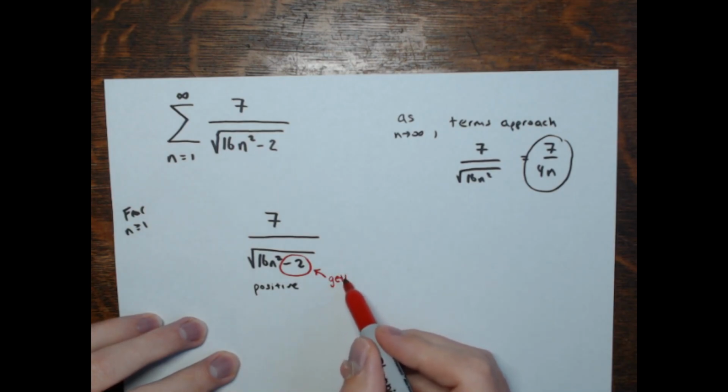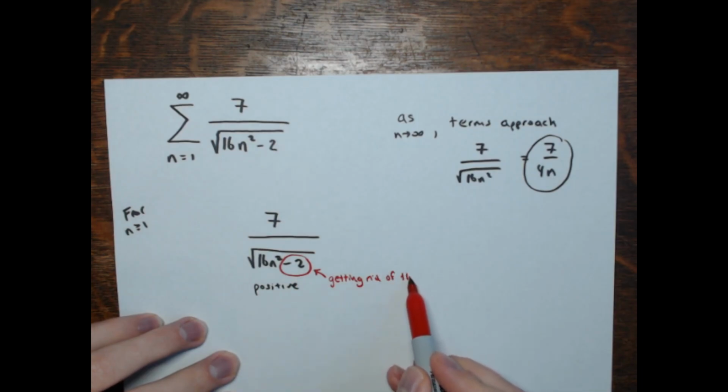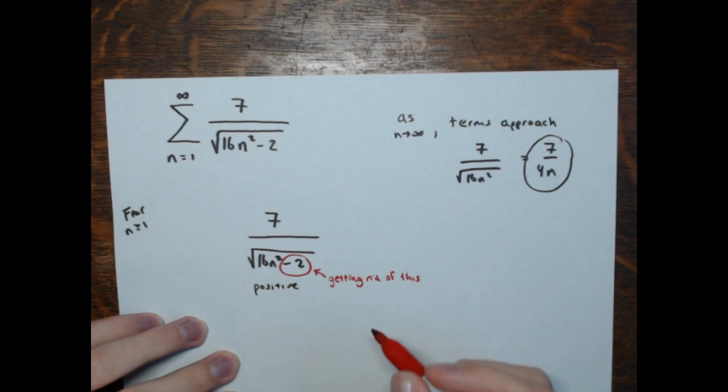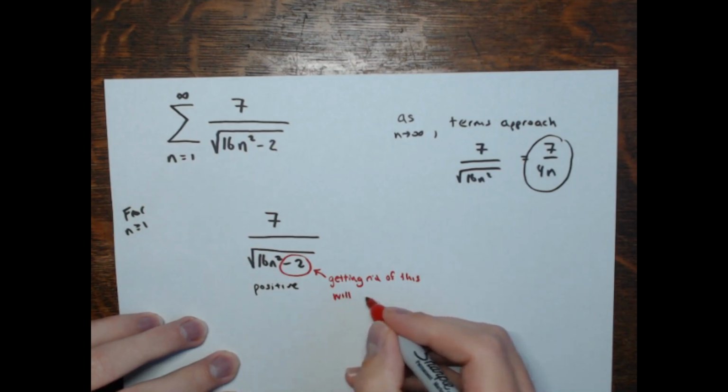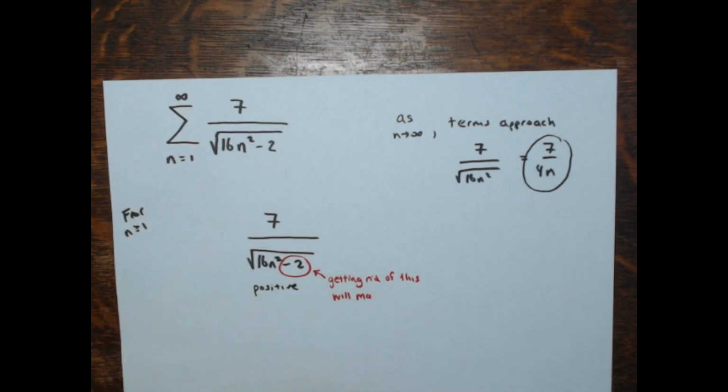getting rid of a negative in the denominator. So getting rid of this will make the denominator bigger, right? Because that'd be like adding 2 to this, which would make it bigger. So getting rid of a negative term, we saw in an earlier example, getting rid of positive terms is subtracting stuff. That makes you smaller.